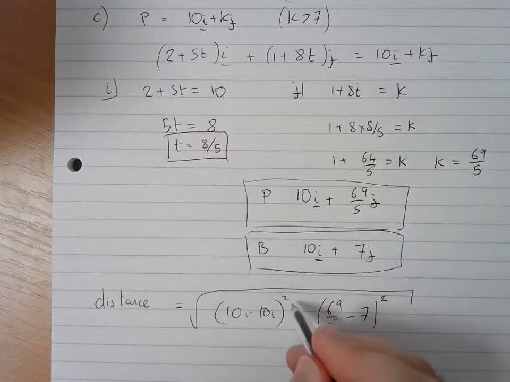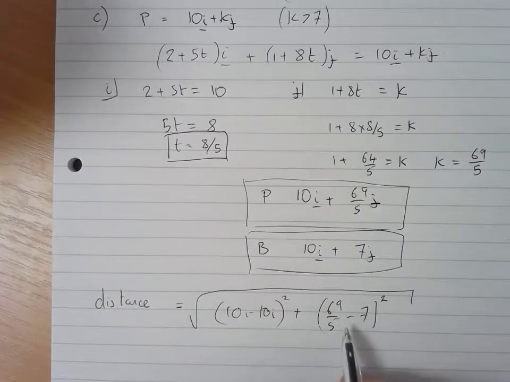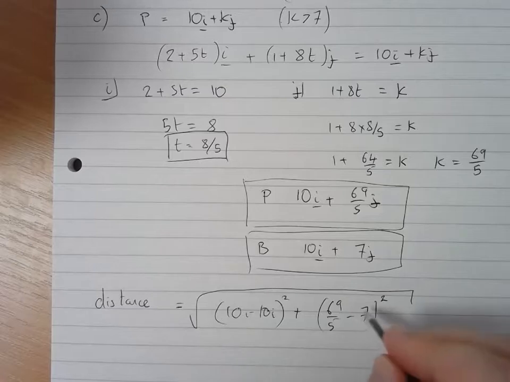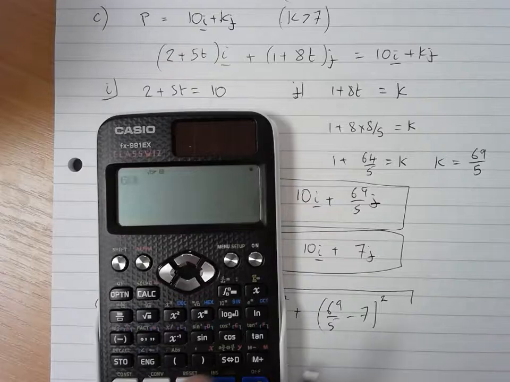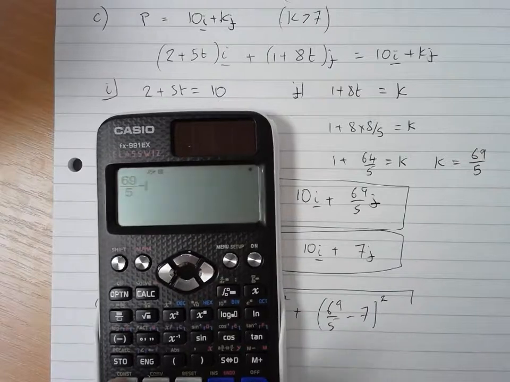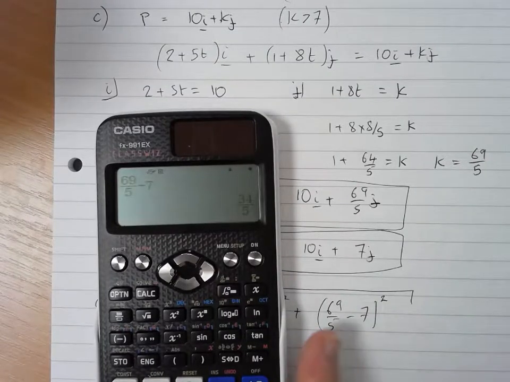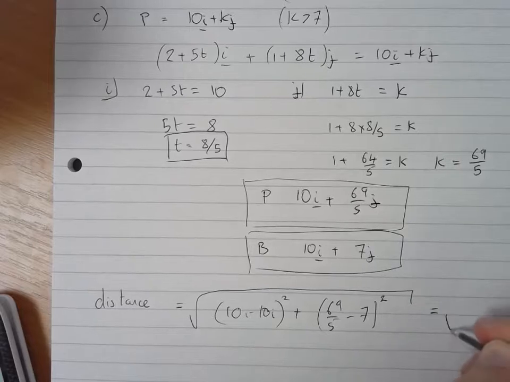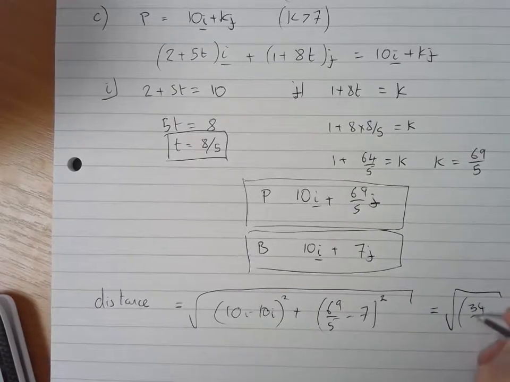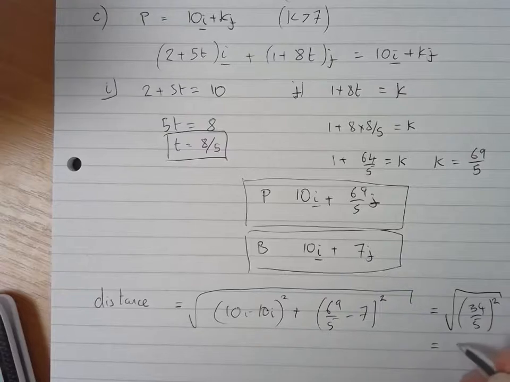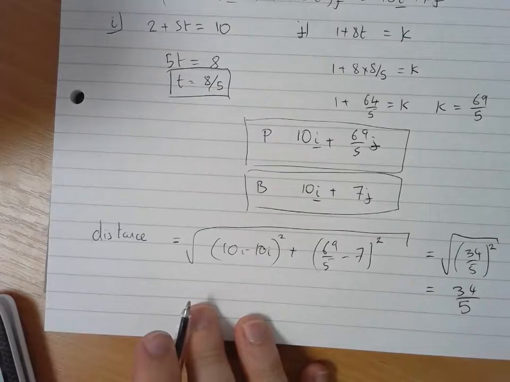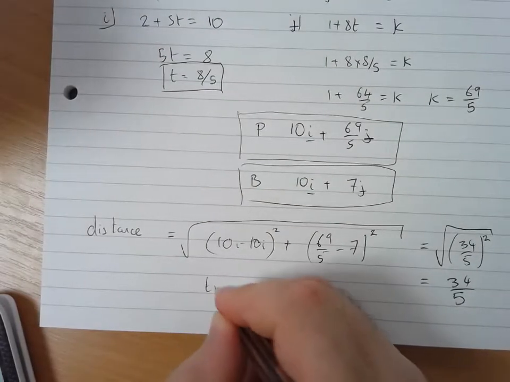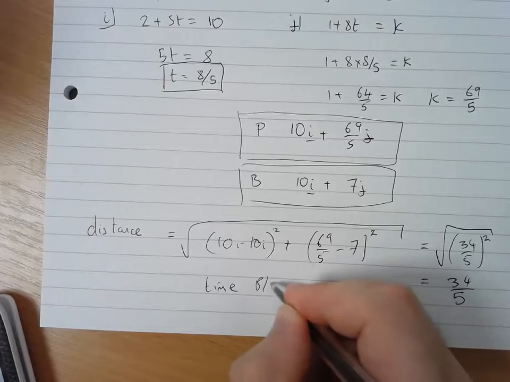This gives us 0 here, and if we do 69/5 and then take away our 7, that gives us 34/5. So this is the square root of 34/5 squared, which is of course just 34/5. So this is our distance. We also know we've got a time, which is 8/5.